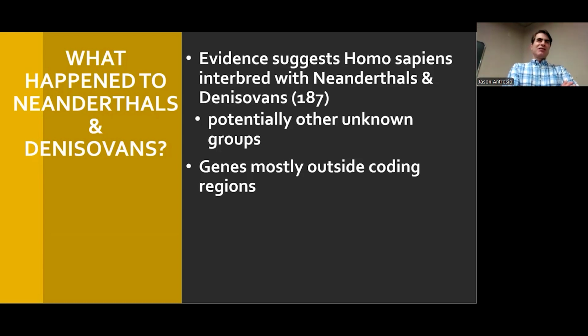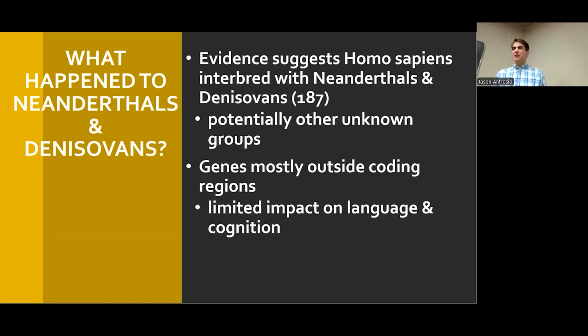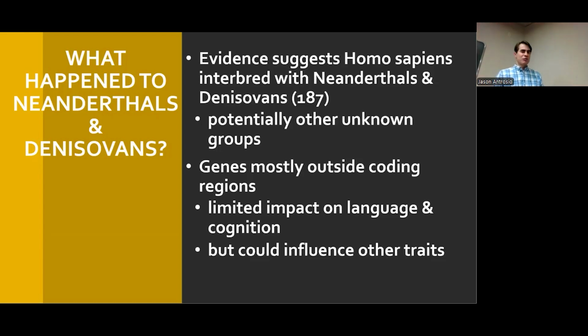Now, most of these genes don't seem to do much. As your textbook says, they don't seem to affect smartness or language use, but it is possible that they do influence some other traits. Now, again, this is recent stuff, and a lot of dumb speculation has been made about this, like Neanderthals gave me COVID or Neanderthals gave me asthma. I would caution any direct influence.